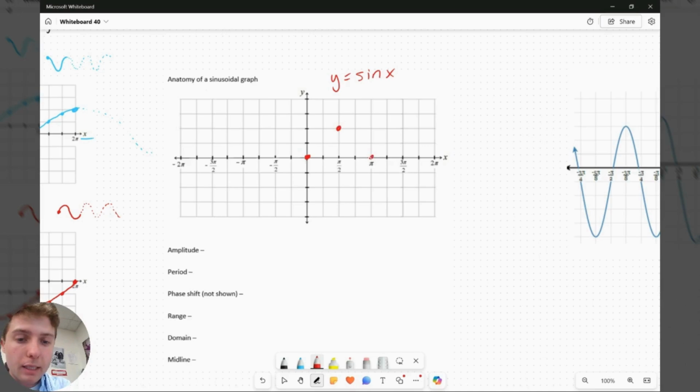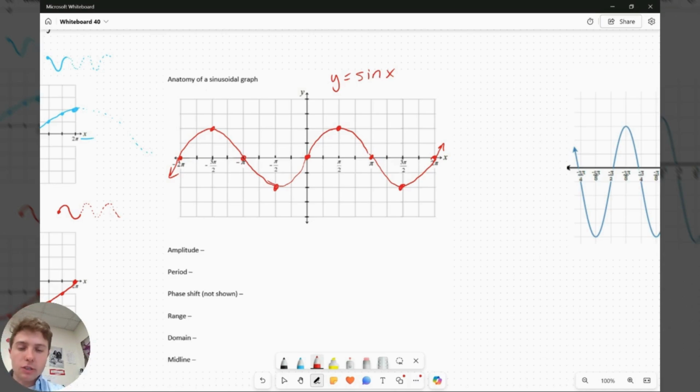At pi, it got back down to 0, -1, and 0. So it looked something like this, as it was a wave going up and down. If you were to go backwards on your circle to get these negative angles, it would just do the same thing, but in reverse then, giving us our function now like this.